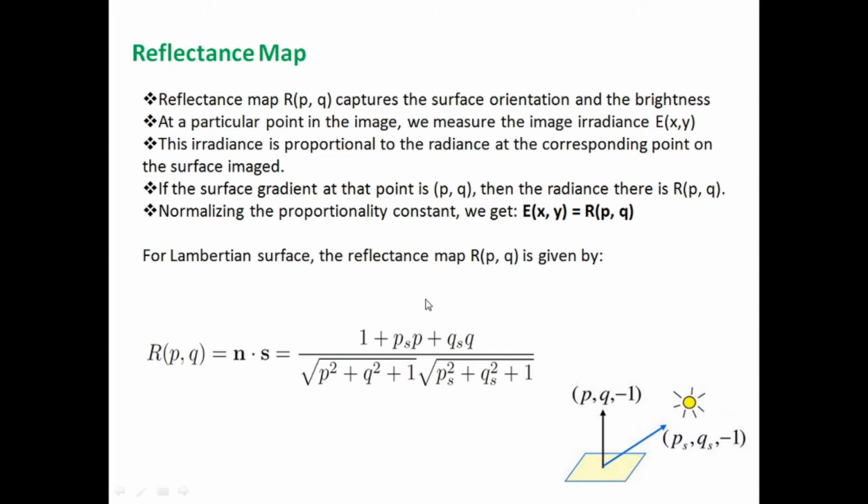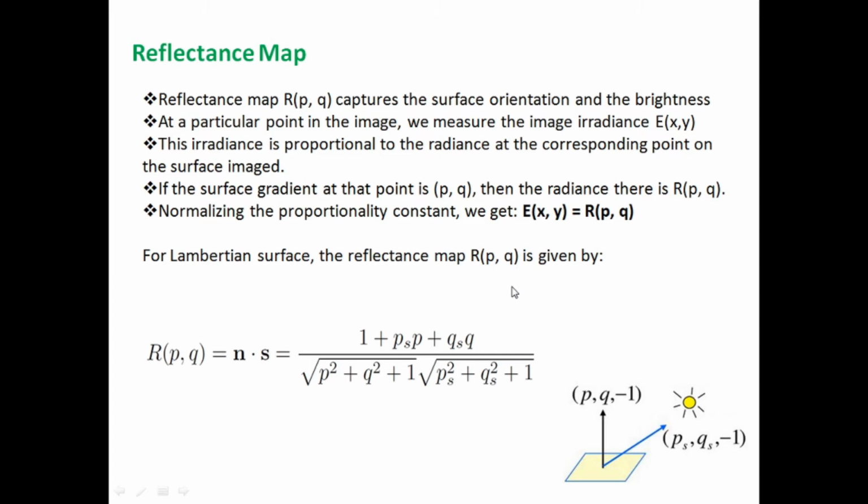So what is this gradient space? Gradient space is a space spanned by your gradient. What are the gradient values? Here we have obtained P and Q as the gradient values.